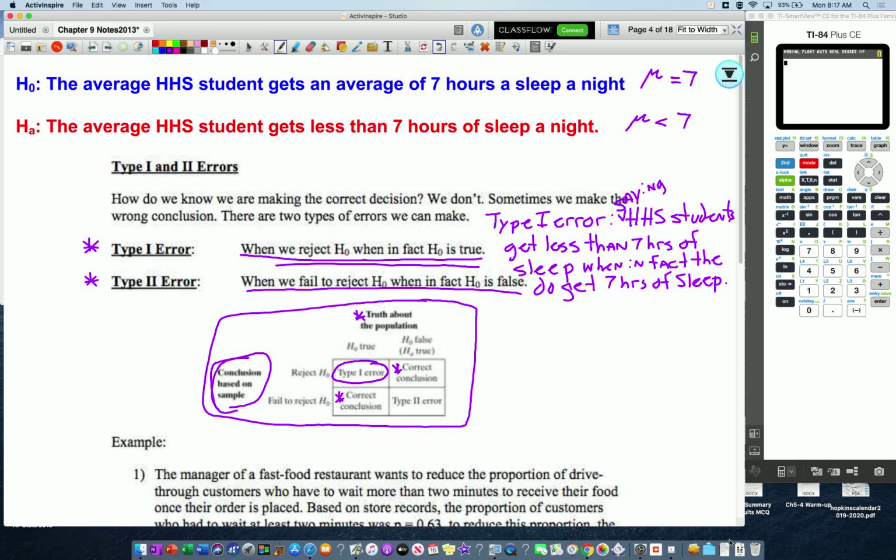All right, then the type 2 error is, in essence, doing the opposite mistake.